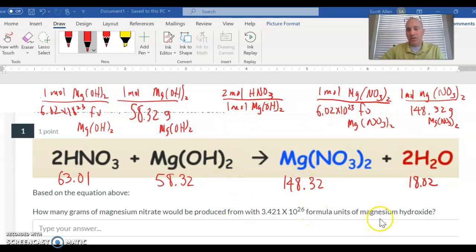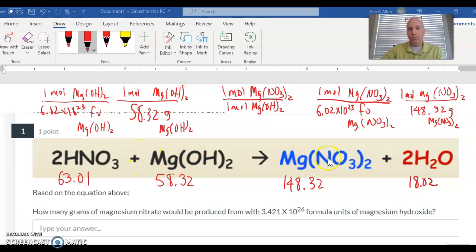And we know that since we're going from magnesium hydroxide to magnesium nitrate, we need to have, oops, I need to correct that. We need to have a mole-to-mole ratio between those chemicals. So the mole-to-mole ratio has to do with the coefficients in the balanced reaction. It doesn't say anything there, so that's assumed to be a 1.